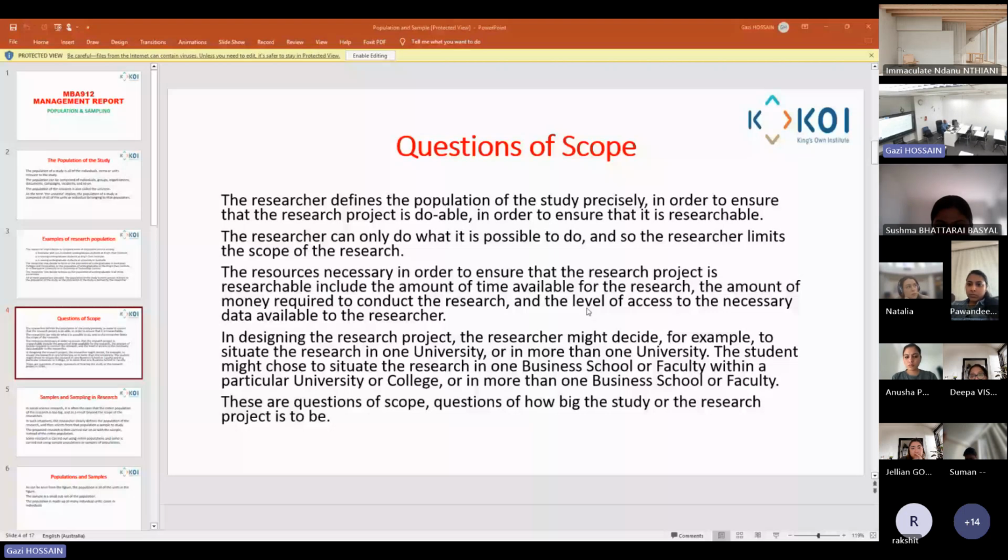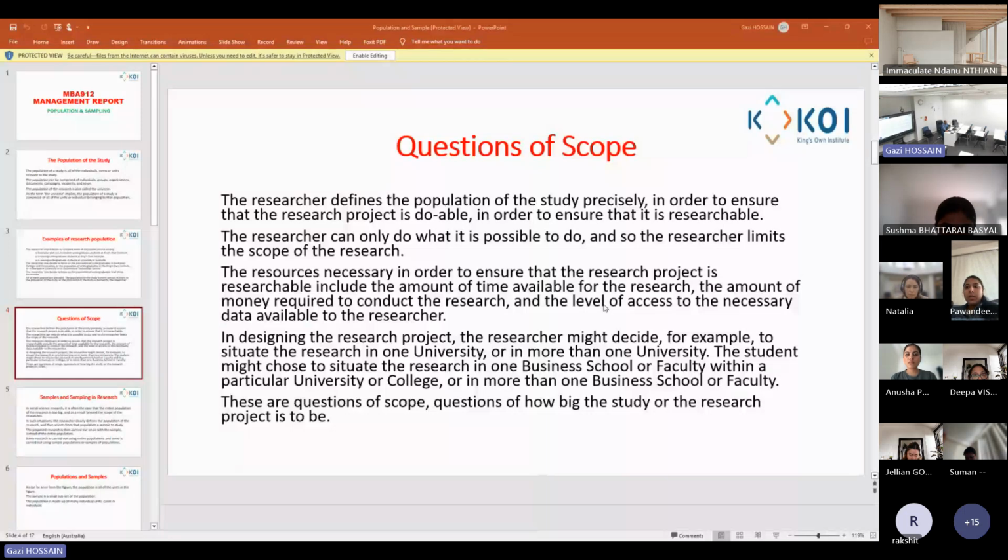Another one is the access. Sometimes it's hard for us to pass the entry or to get access to the respondent, specifically if it is CEOs or managers or government officials or political leaders. In this case, there are some issues related to the access. For example, some research is on university vice chancellors.